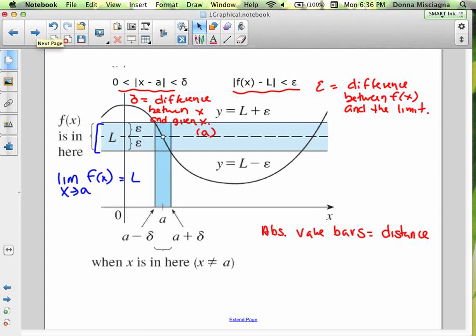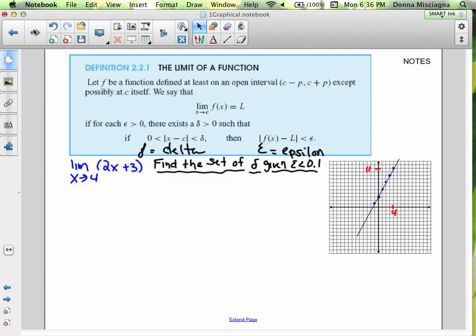All right, so let's take a look at what this means. Here you have this part in your notes. Let f be a function defined at least on an open interval. Open interval means we're going a little to the left and a little to the right, except possibly at that x value itself. We might have a hole in our graph.